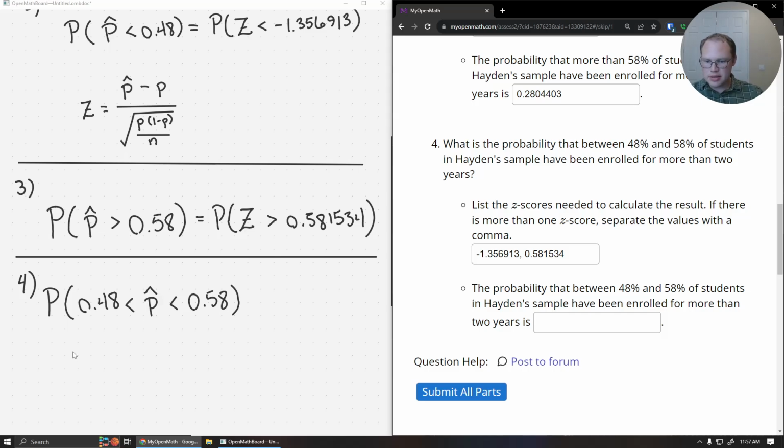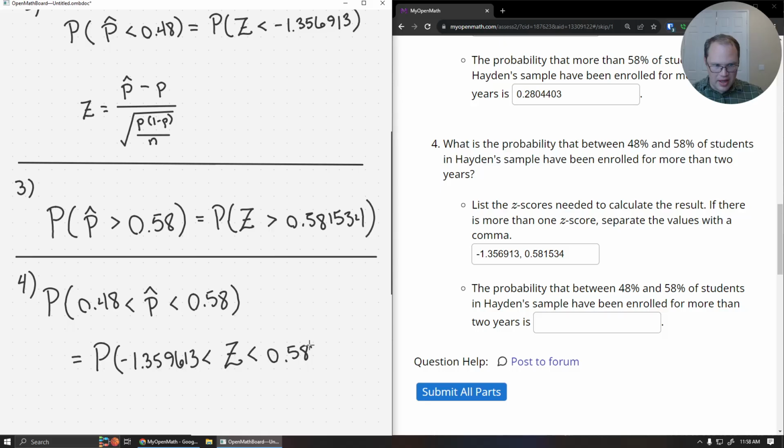Which means the probability that in Hayden's sample, his sample proportion is between 0.48 and 0.58 is the same as the probability in the standard normal distribution that a randomly chosen z-value is between negative 1.356913 and 0.581534.